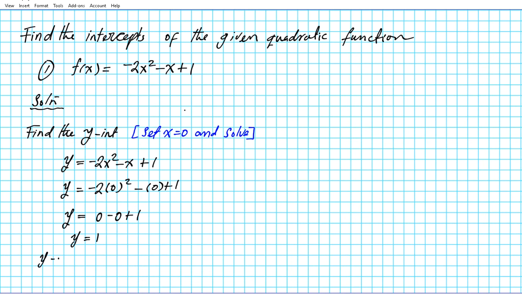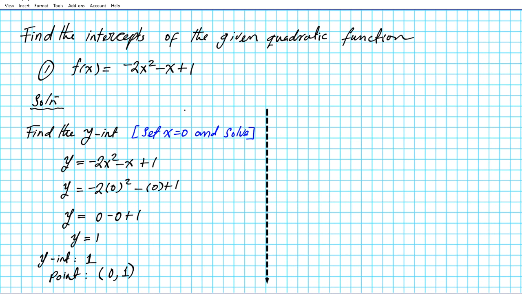So our y-intercept is 1. If you want to write it as a point on a graph, the y-intercept is given by the point (0, 1). This is the point on the graph where the parabola intersects the y-axis.